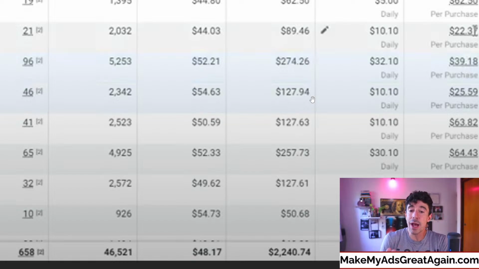Okay? The same applies here. In this case, again, our KPI is a $40 information product. So we want to leave things running anywhere between 3 to 4 times our KPI. So in this case, we want the ad sets to spend anywhere between $120 to $160, maybe $200 before we stop them. So that's the next thing.